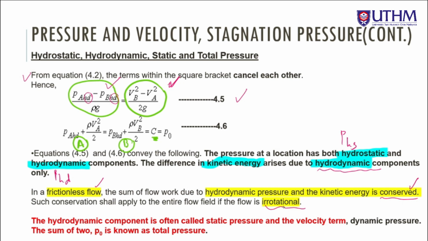Maksudnya dia just streamline je lah, dia bergerak tanpa dia rotate. And then the hydrodynamic component is often called the static pressure, and the velocity term dynamic pressure. The sum of the two, P0, is also known as the total pressure.